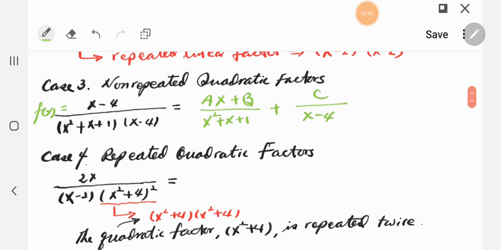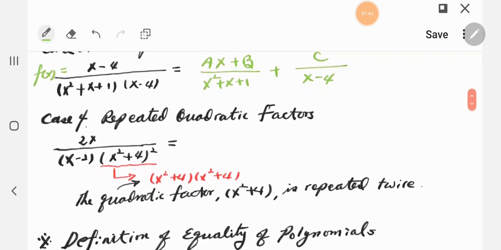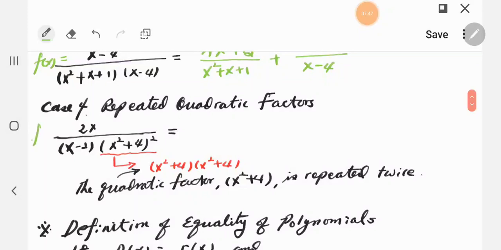Okay, for the last one, if the quadratic factor is repeated, let's say f of x is this, then we have x minus 2. So once we do the decomposition, this will be x minus 2 plus, okay, x squared plus 4 is a quadratic. So x squared plus 4 is multiplied twice.